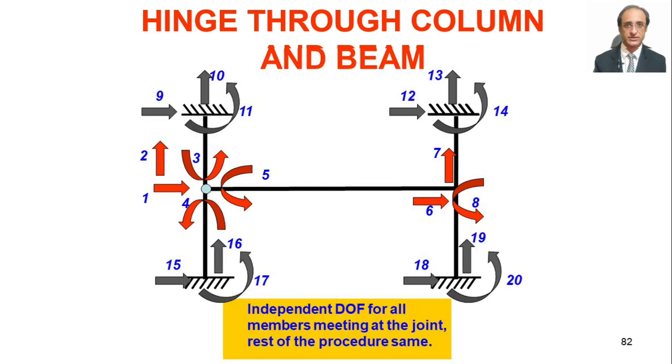So here the total size of KTS has become 20 by 20. Corresponding to rotation, all the members meeting at this particular joint have independent degrees of freedom. So it's a kind of triplication rather than duplication.